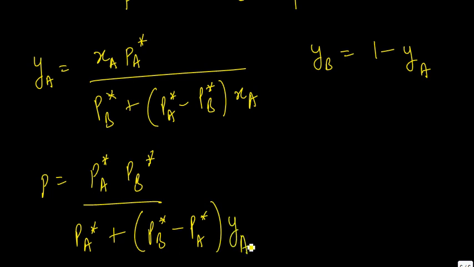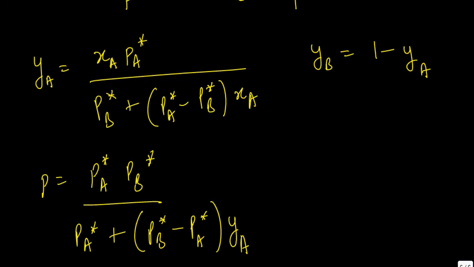All you need to do is take this over here, multiply, collect all the like terms of XA on one side, and then write the equation over here. And put XA is equal to PA star by P. That's all.